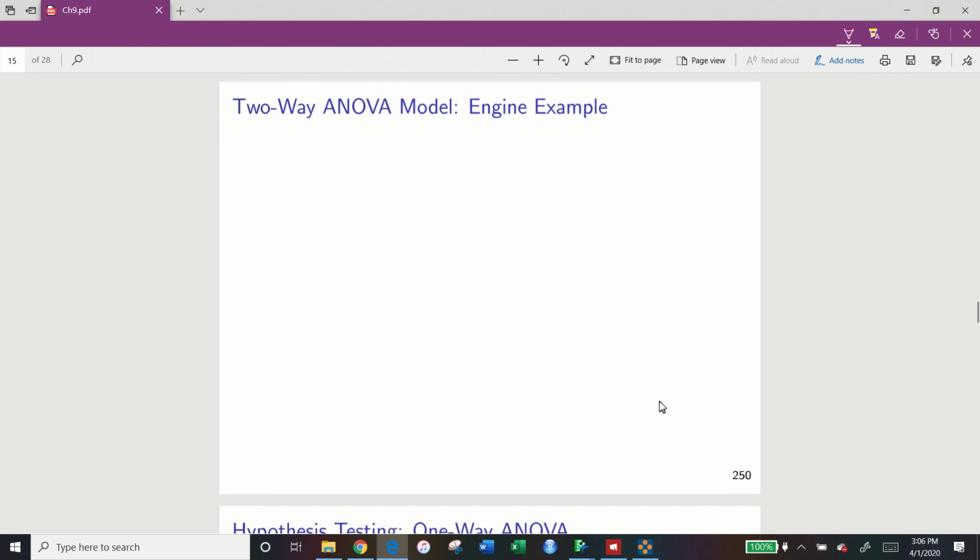So let's take a look at an example and do our two-way ANOVA model using that engine example from slide 246.